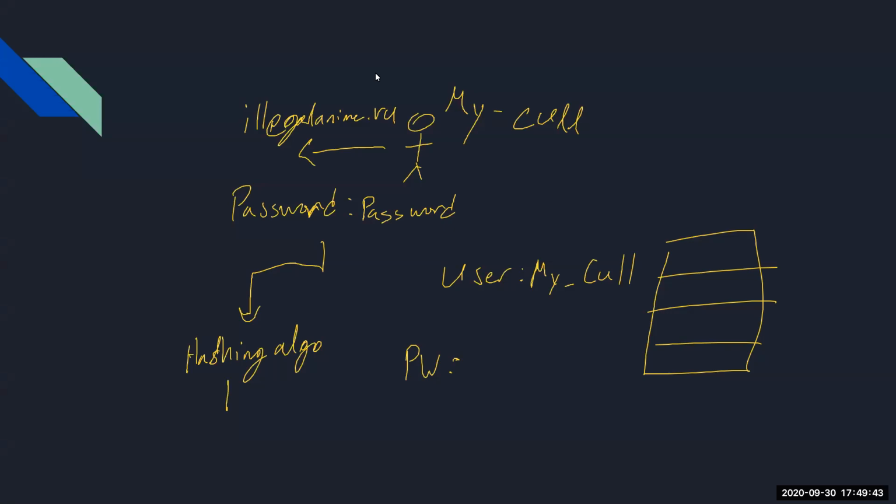Put it through the hashing algorithm, and this will be a completely fake hashing algorithm, so don't quote me on anything. It produces a random hash of 1A2B, capital B actually, 3F. And this hash, which doesn't correlate to any real-life hashing, will be stored instead of the password.